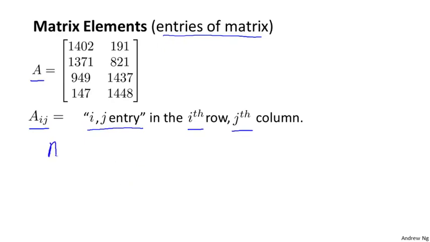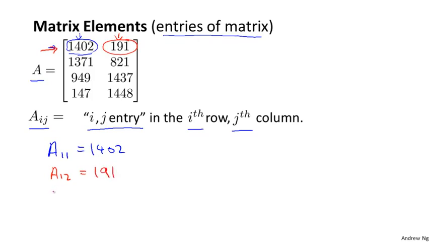So for example, A11 refers to the entry in the first row and the first column. And so A11 is equal to 1402. Another example, A12 refers to the entry in the first row and the second column. And so A12 is equal to 191.